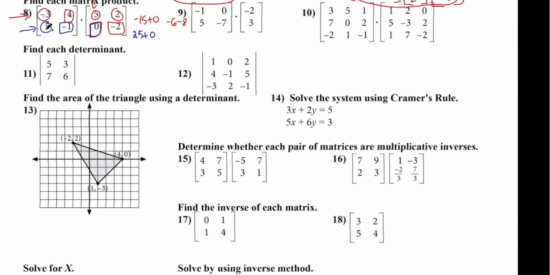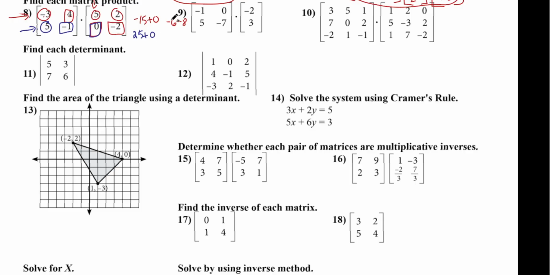So it's going to be 5 times 5, 5 times 0. Hold on. It's 5 times 5, which is 25. And then it's negative 1 times 0, which is 0.